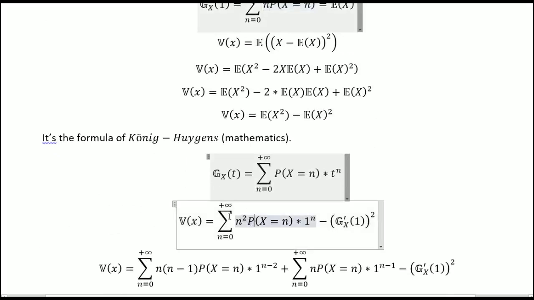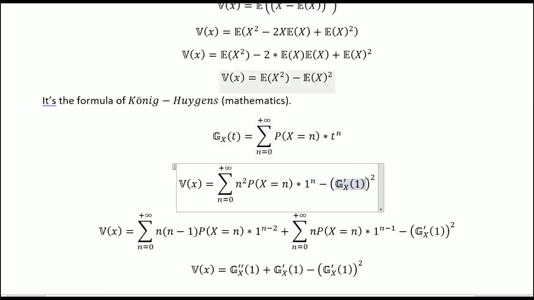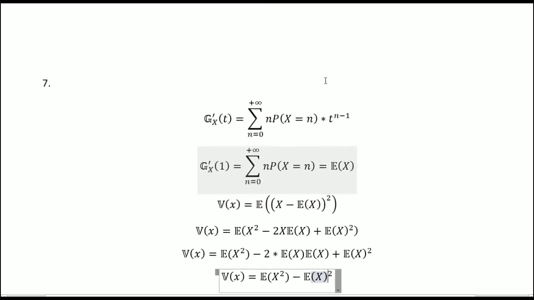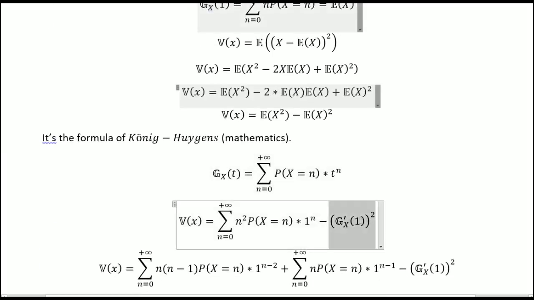And then we know that g will be applied in 1, so we have 1 to the power n. Okay, so we have this formula here, minus this part, because we have e of x squared, and e of x, we found it earlier, it's this. So we're not going to touch that.